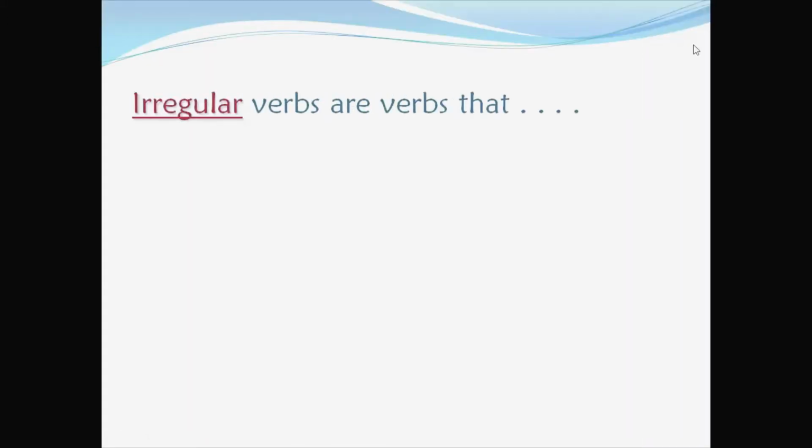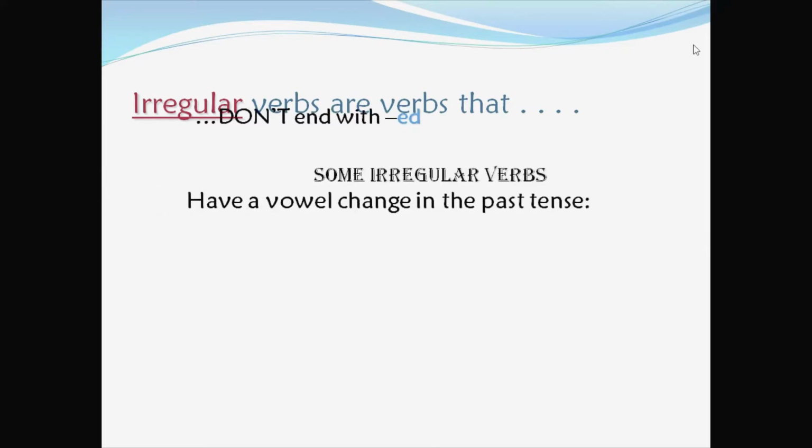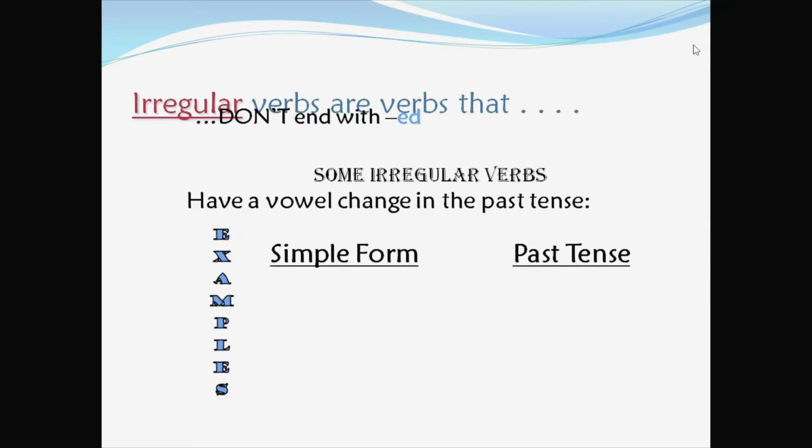Next, what are those verbs which are irregular? Irregular verbs are verbs that don't end with ed. They end with some other thing. Some irregular verbs have a vowel change in the past tense. Let us see the examples, the simple form and the past form.